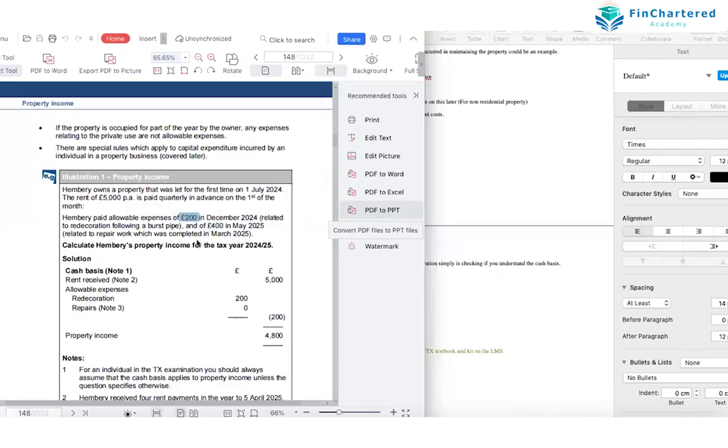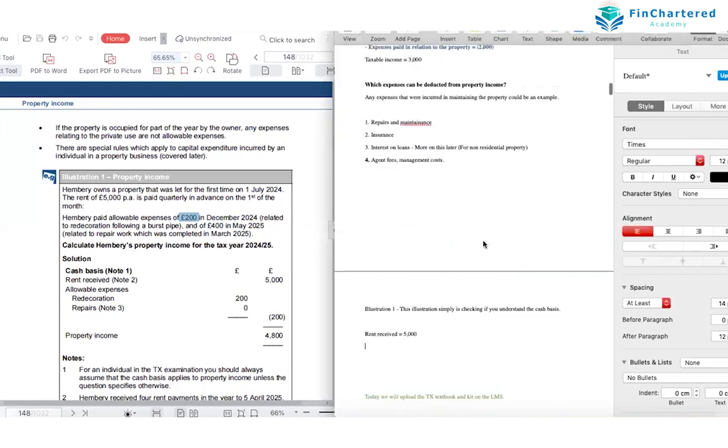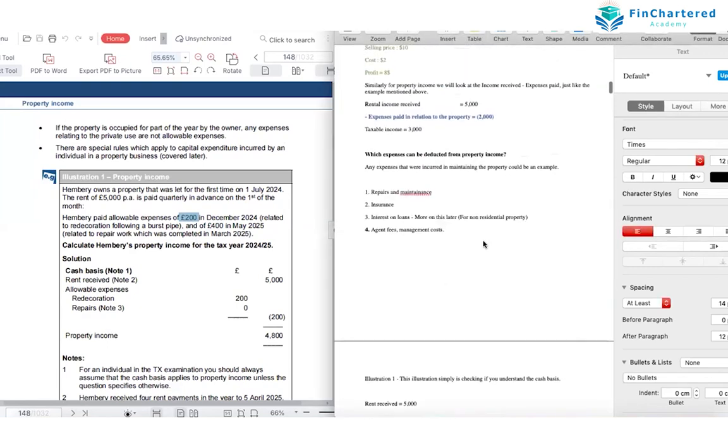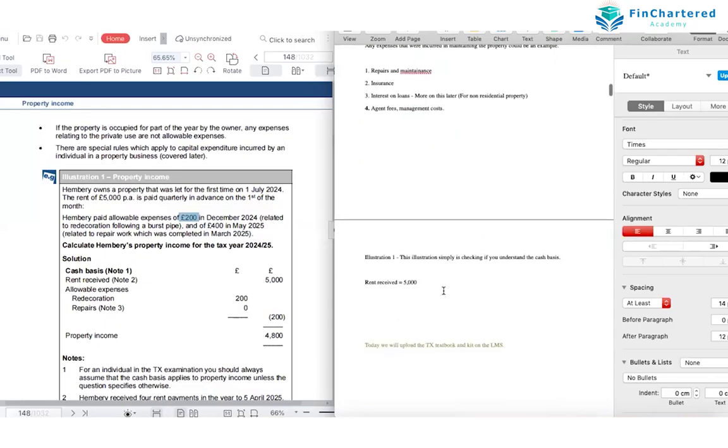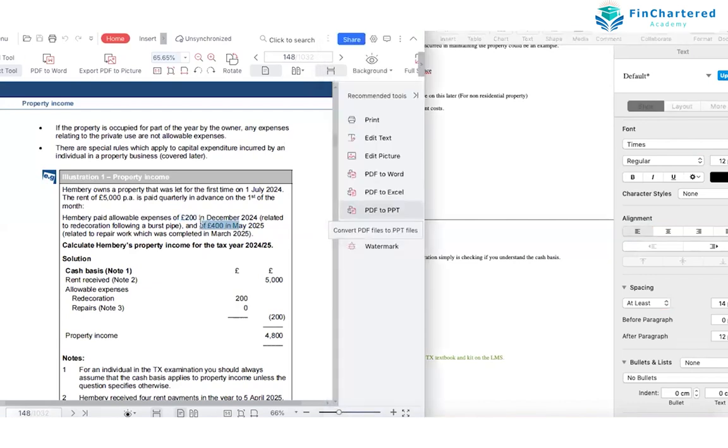So the cash was actually paid this year. Therefore, I can deduct it as an expense for this year. So I can deduct 200. But look at this 400.